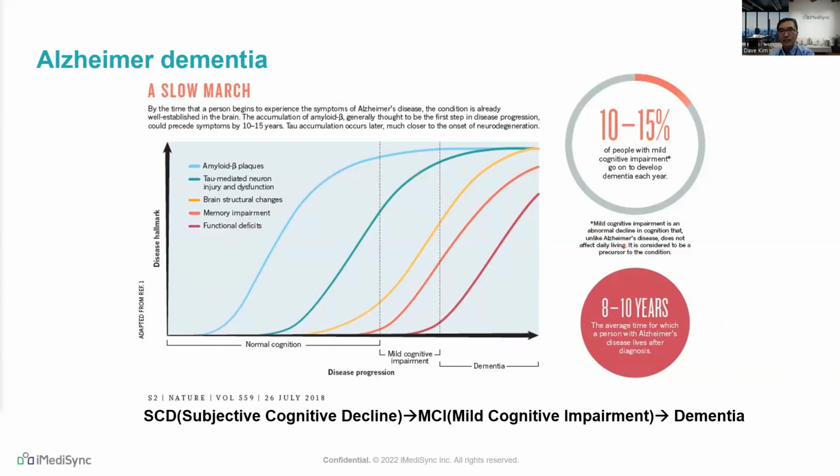Brain pathology can be found decades before the clinical symptoms are seen in the patient. The slow march starts from amyloid beta plaques, and then tau-mediated neuron injury, and brain structural changes, and then memory impairment, and finally daily functional deficit.